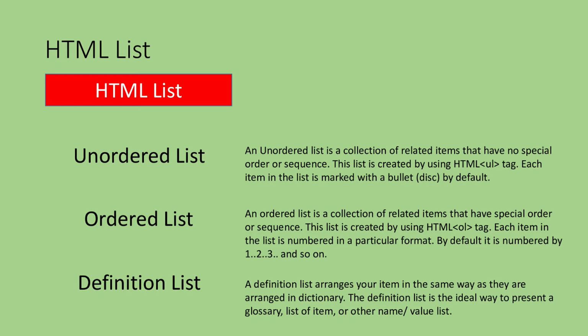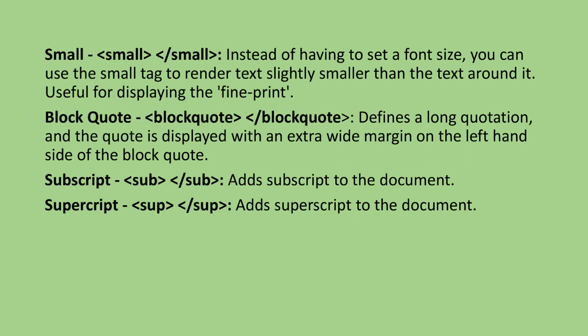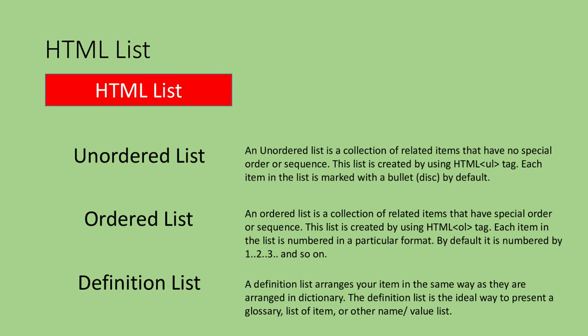For example, doctype HTML, opening HTML tag, opening head tag, opening title tag, then give the title of the web page, then close the title tag, close the head tag, open the body tag, open the OL tag, then put the values or contents of our list, then close the OL tag, close the body tag, then finally close the HTML tag.